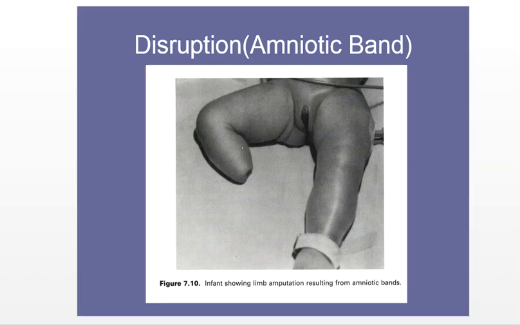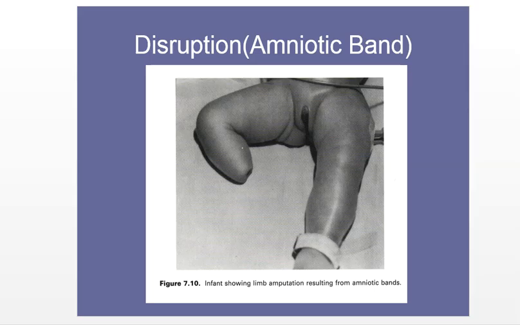Both conditions are associated with an increase in the incidence of birth defects. Primary causes of hydramnios include idiopathic cases, maternal diabetes, and congenital malformations, including central nervous system disorders and gastrointestinal defects that prevent the infant from swallowing the fluid.